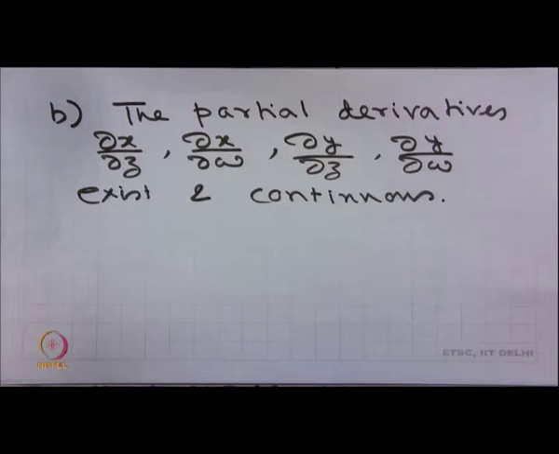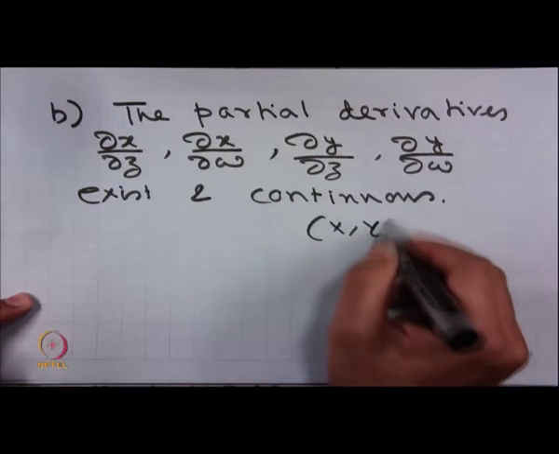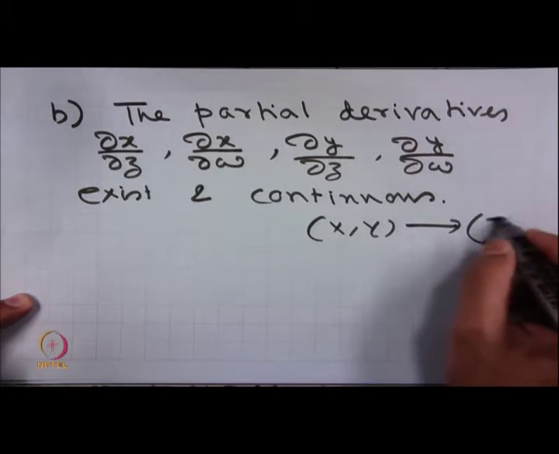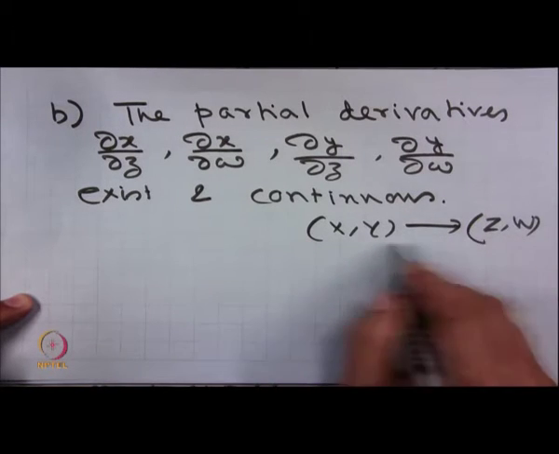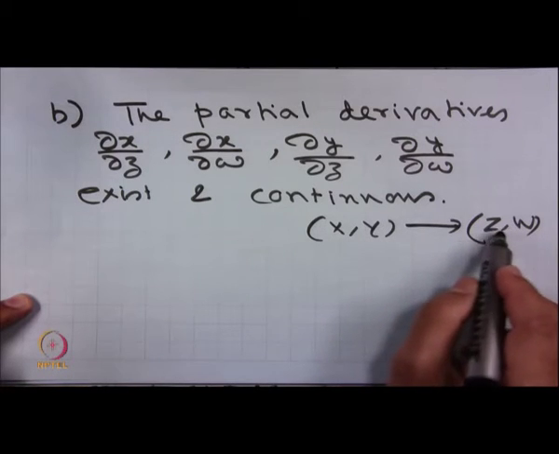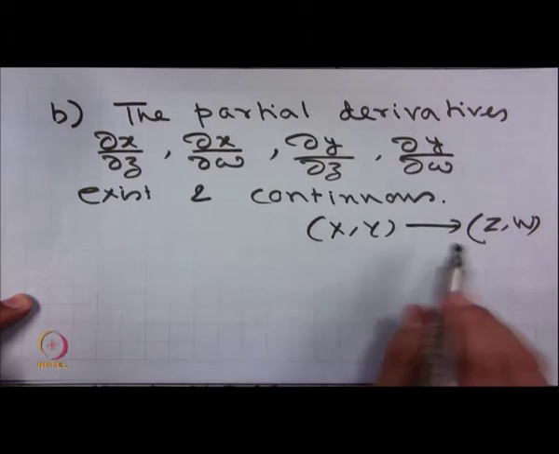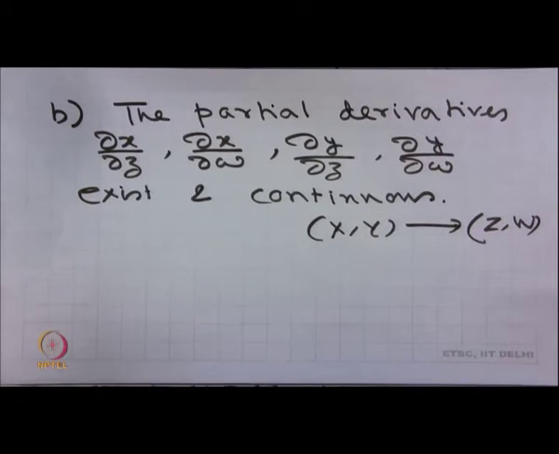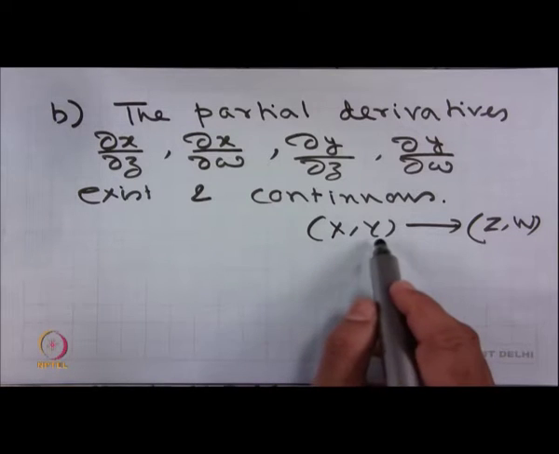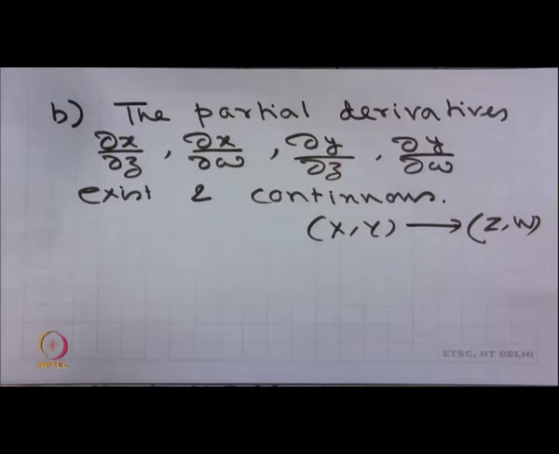So, we have from x y plane a mapping to z w plane such that it is 1 to 1. So, that given any pair here we can uniquely determine the corresponding x y, and also the partial derivatives of x and y with respect to both z and w, they exist and continuous.